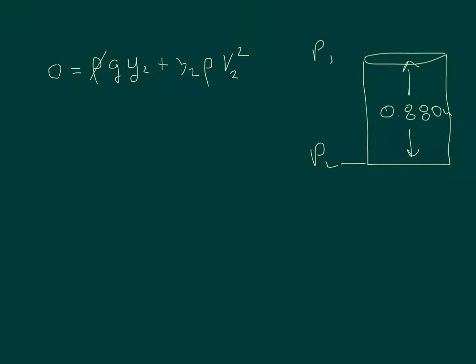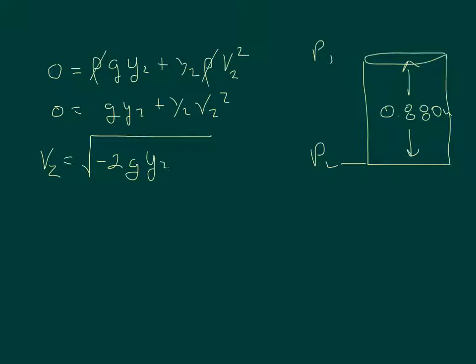I can cancel out the rhos, and I'm left with 0 equal to g y2 plus 1/2 v2 squared. I want velocity 2, so I solve it for velocity 2, and I get the square root of minus 2 g times y2.